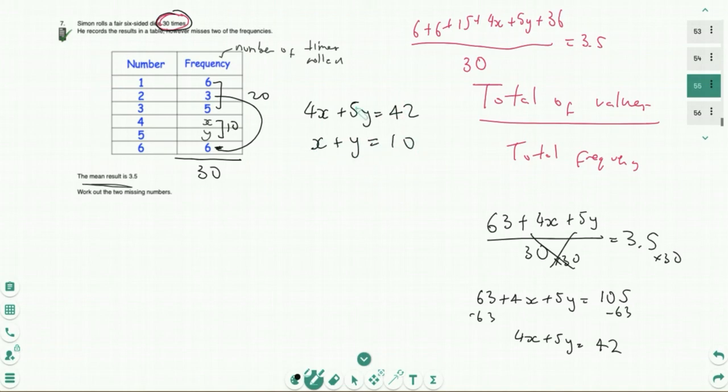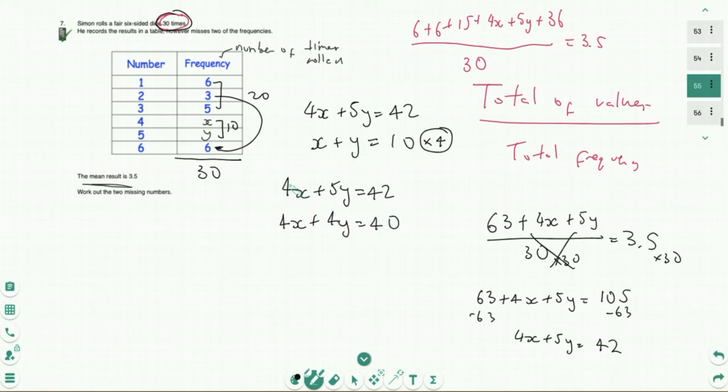Oh, we've created simultaneous equations, all right? So in order to solve the simultaneous equations, we'll use the elimination method. We're going to make the x's or y's the same. I'll make the x's the same by multiplying this equation by 4. So the first equation stays the same, 4x plus 5y equals 42. The bottom equation, multiply it all by 4, so x times 4 is 4x, plus y times 4 is 4y, equals 40.